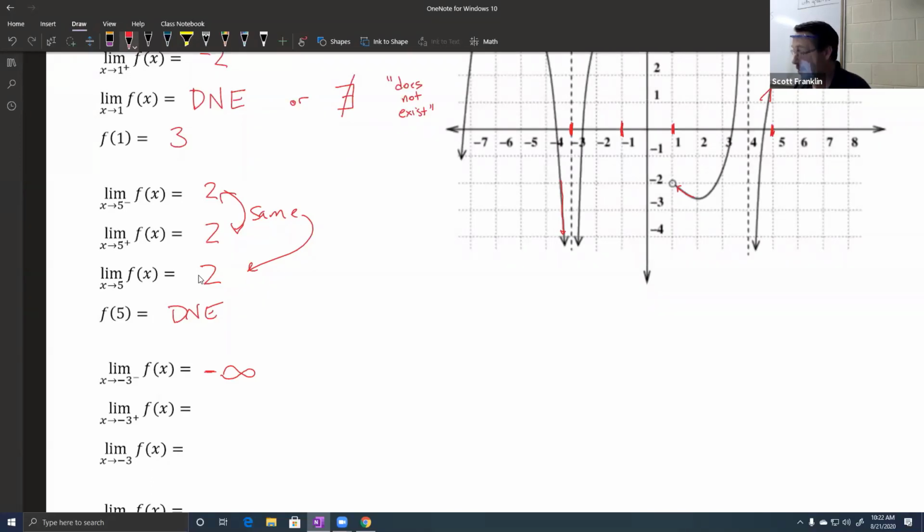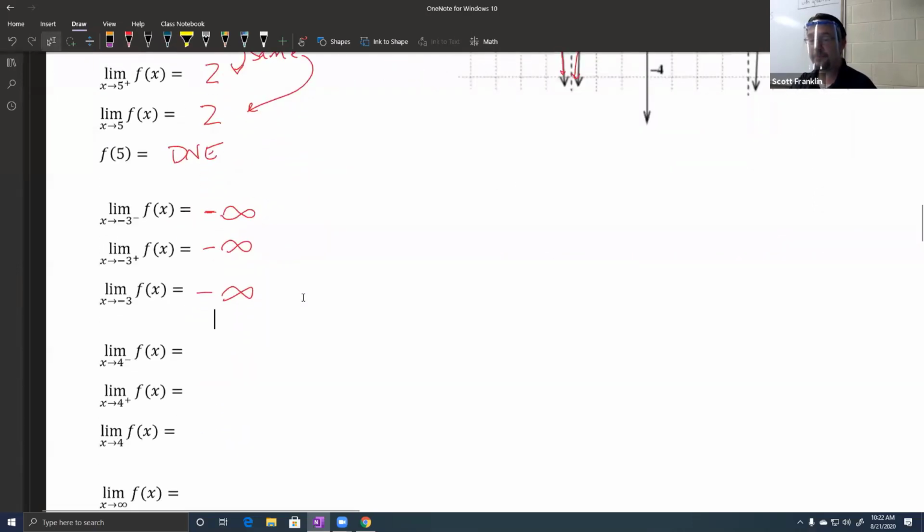You see how we got infinity because it goes on forever, and it's negative because it's under the curve going down, right? And if I were to come in from the right, as I come in this direction, and then I'm on this curve that's coming down here, it's going down this way. It's also going to negative infinity. And since they're the same, then the answer is negative infinity. That's how we would write that.